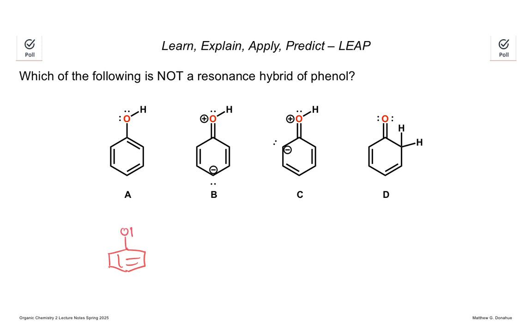So hydroxybenzene is called phenol. The question is stating, which of the following is not a resonance hybrid of phenol? I'll give you a hint. A is phenol itself.